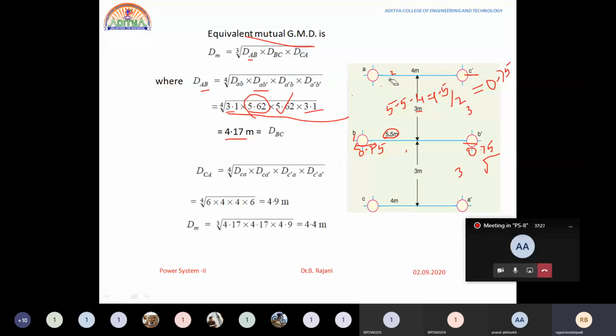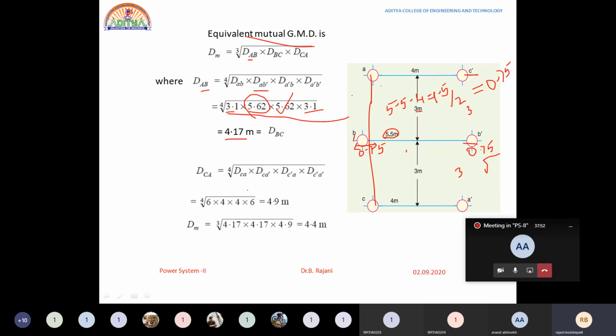What is C to A distance? C is here and A is at the top. So this distance is from here to here. It is 6 meters length, that is 3 meters plus 3 meters.